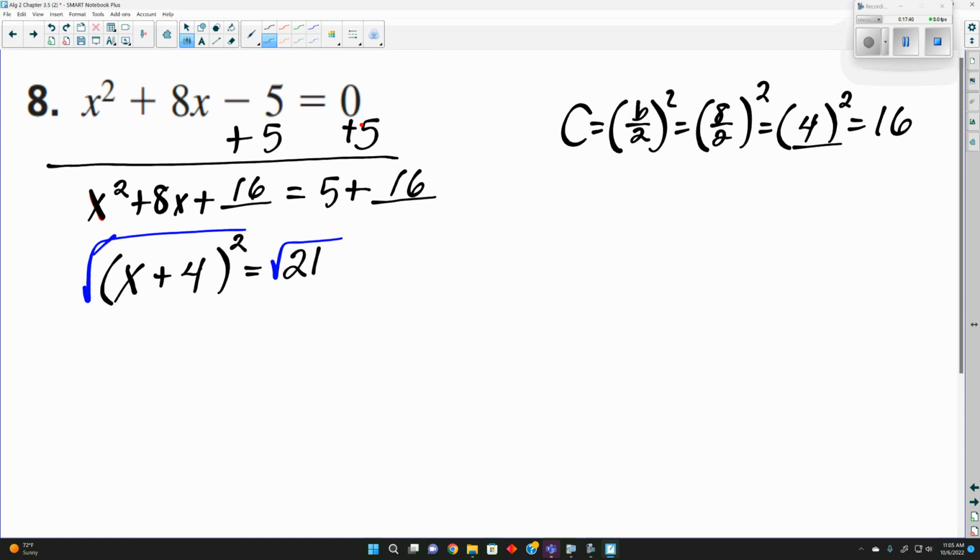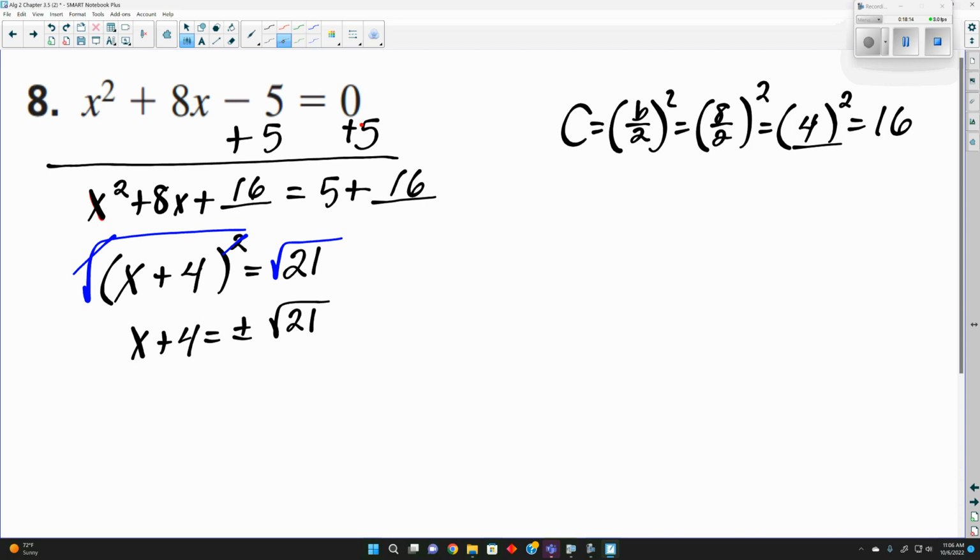So on the left side, these will cancel, telling me that I have x plus 4 equals plus or minus the square root of 21. We would get 4 point something, but for us, unless it tells us to approximate the answer, I'm going to leave it as a radical. If it does tell us to approximate our answer, I'm going to wait to the very end to approximate that radical.